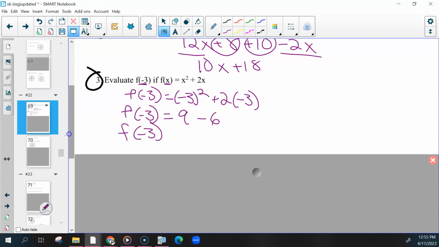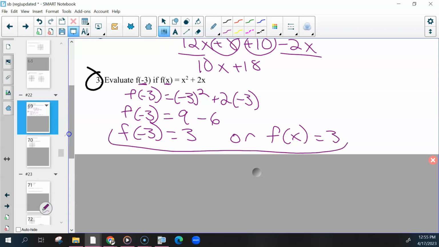So f of -3 equals 3. Or you can write it as f of x equals 3. Questions on that one? Or other questions on the shortcut?